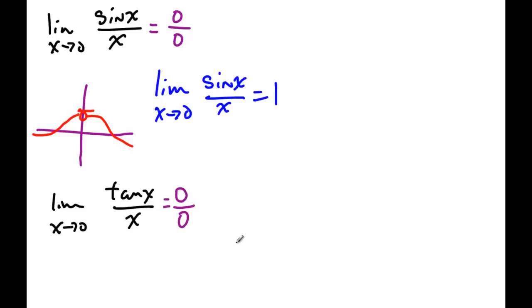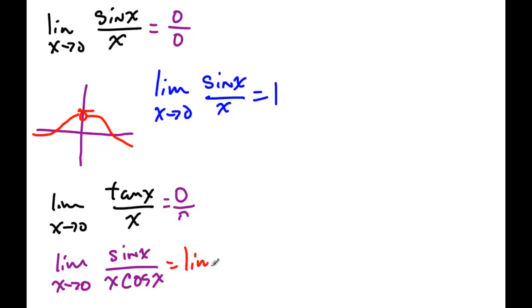But I want to break this up in terms of sine and cosine just to really look at it closely. We're going to do the limit as x goes to 0 of sine, because tangent is sine over cosine, over x times cosine x. And we're allowed to write it this way. That cosine just drops to the bottom. Well, let's take a look at what's going on. I can actually rewrite this as the limit as x goes to 0 of sine x over x times 1 over cosine x.